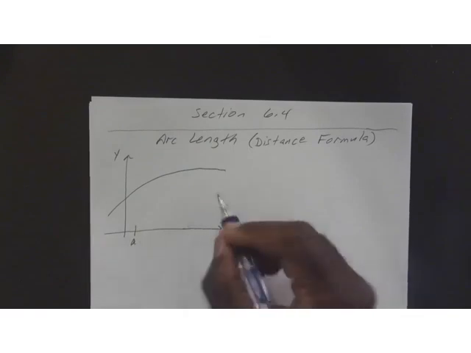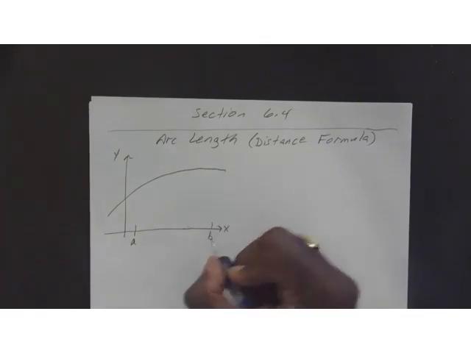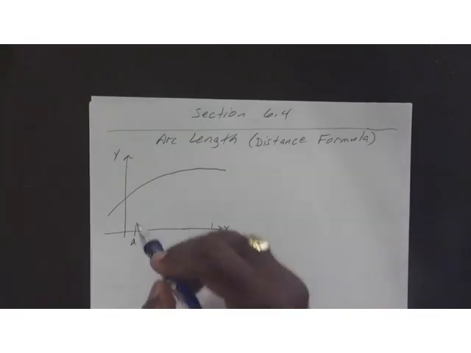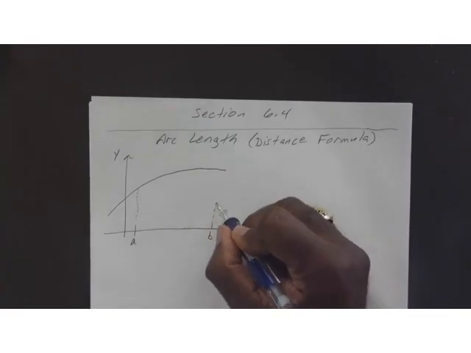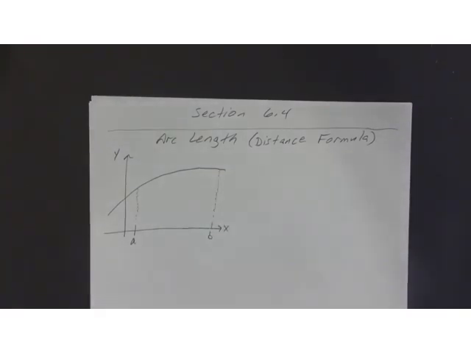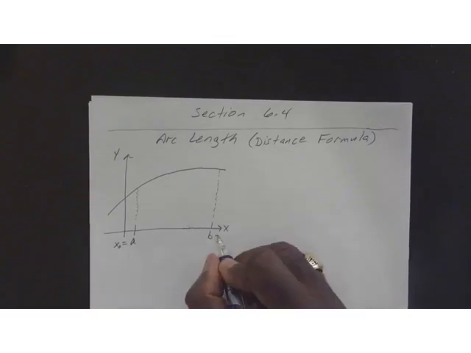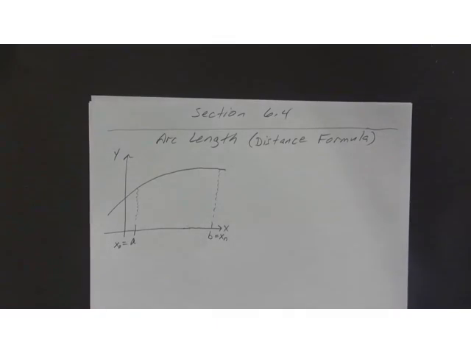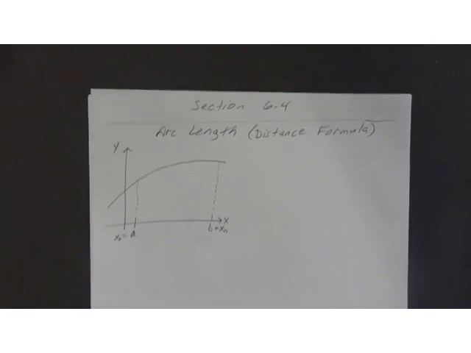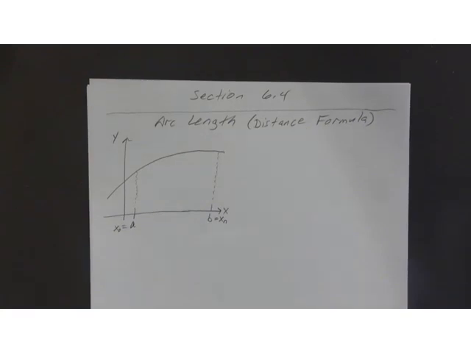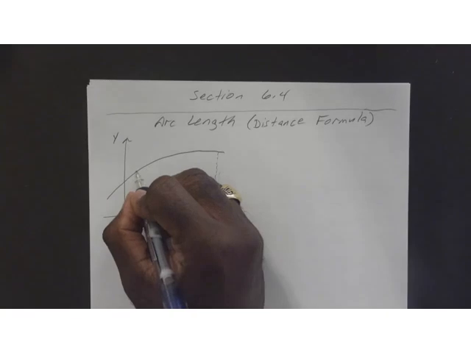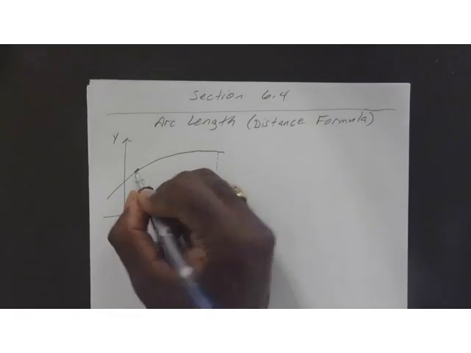And we're just looking for some interval from A to B. Okay, so we're going to say our x of 0 is our A. If we go all the way to the end of our subintervals, our x of n would equal B. Okay, so let's say if we start right here at our x of 1.